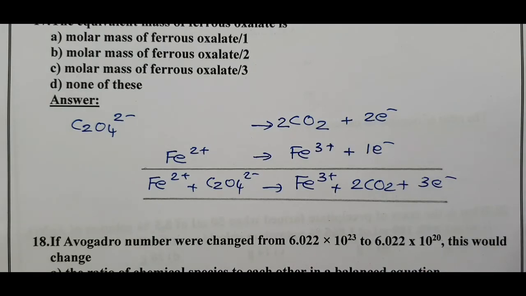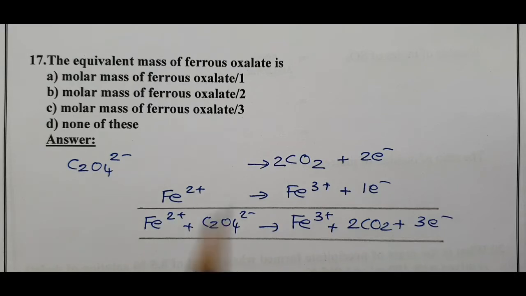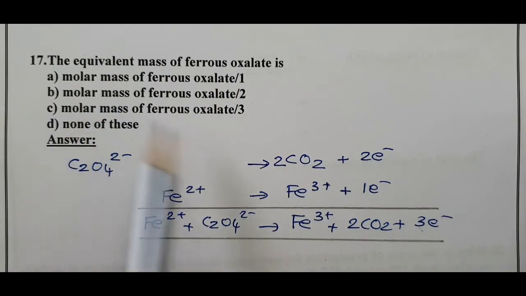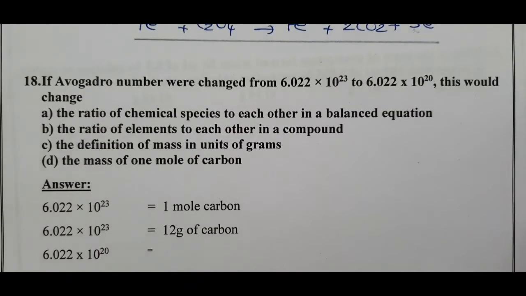When you write the formula to calculate equivalent mass of oxidizing agent, the number of electrons involved is a must. So, what is the answer? The equivalent mass of ferrous oxalate is molar mass of ferrous oxalate by 3. That 3 is the number of electrons involved in this oxidation process.